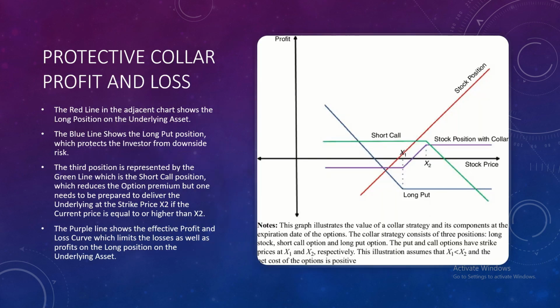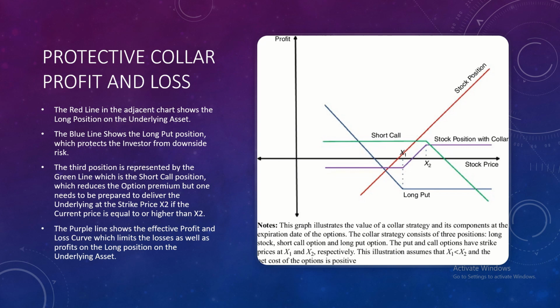The adjacent chart shows us the profit and loss from a protective collar. The red line in the adjacent chart shows us the long position on the underlying asset, which goes up or down as the price moves up or down. The blue line shows us the long put position, which protects the investor from downside risk.